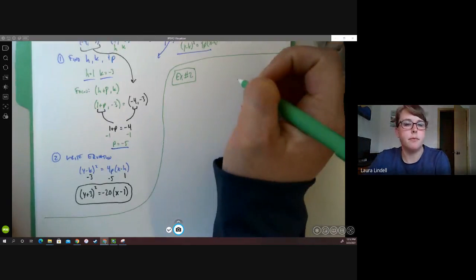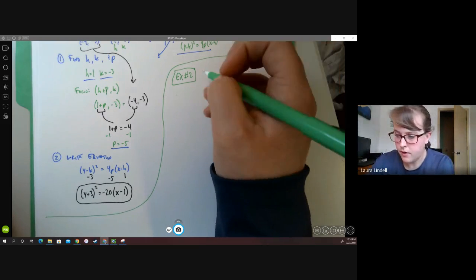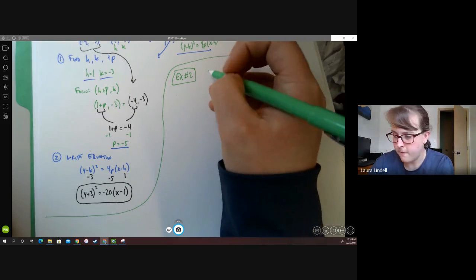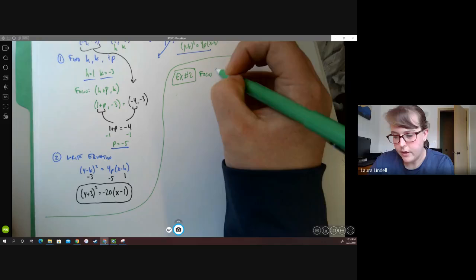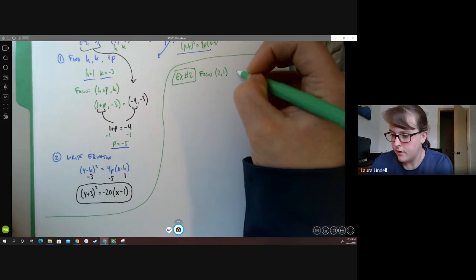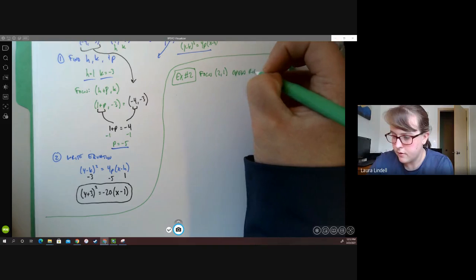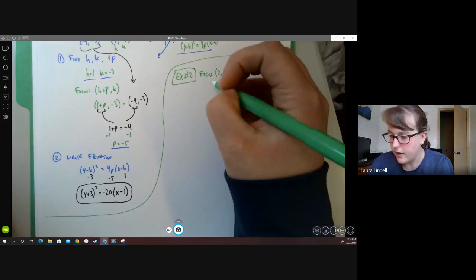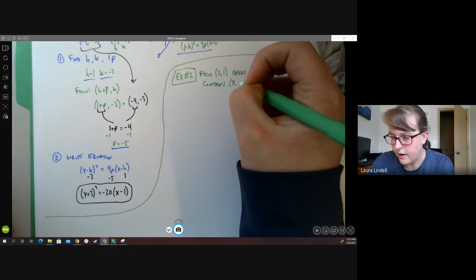Okay. We're going to do: the focus is (2, 1), opens right, and contains (8, -7).